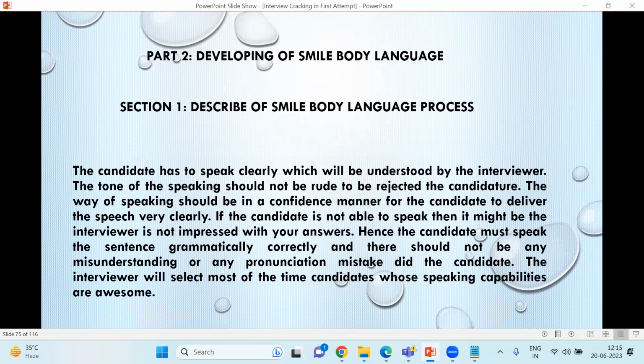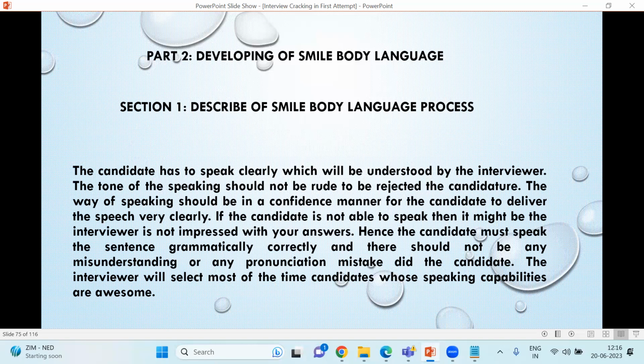If the candidate becomes angry or replies in a rude manner, the candidature may be rejected by the interview panel. So it's all about what the candidate has to take care of while attending the interview.